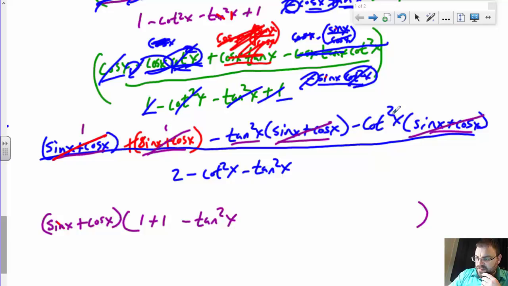And divide this by itself, it's going to cross it out. This is going to give me negative cotangent squared. I factored out the whole thing. So keep in mind, sine of x plus cosine of x times 1 is this. This times 1 again is this. This times negative tangent is this. This one right here times the negative cotangent is this whole thing. I just factored it out.